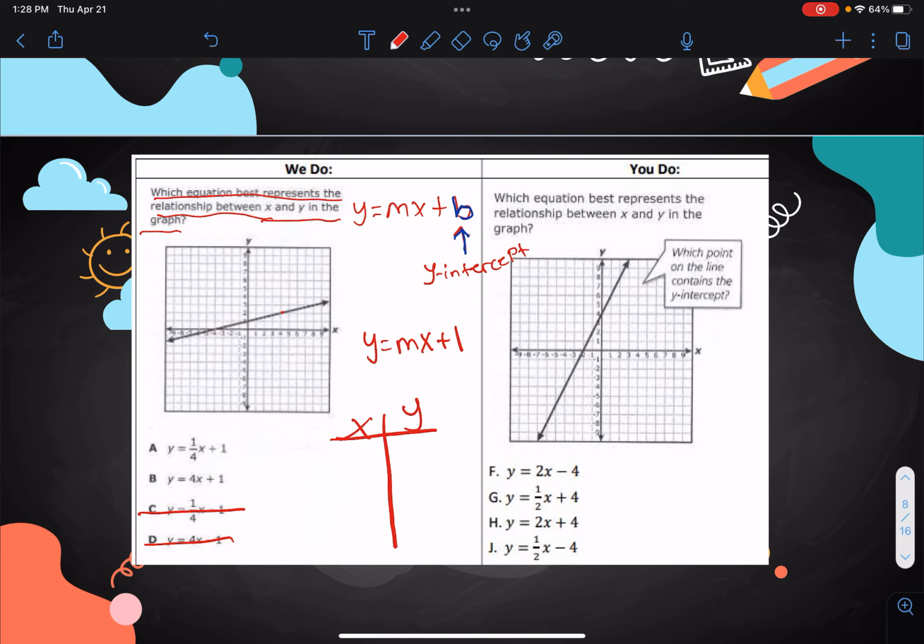And my x is 4 and my y is 2. Then my next point is right here where my x is 8 and my y is, is that 8? 5, 6, 7, 8, 8, and my y is, is it 3? Is that the perfect point?